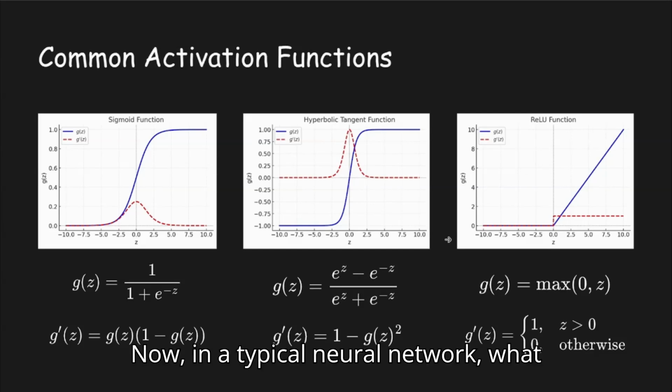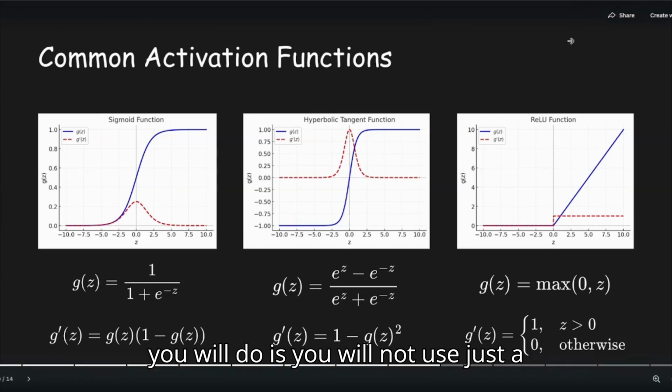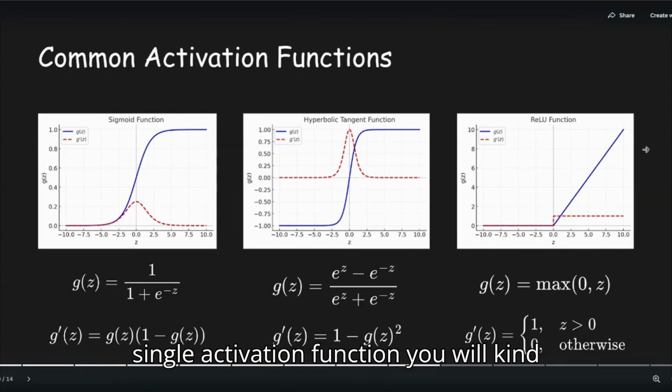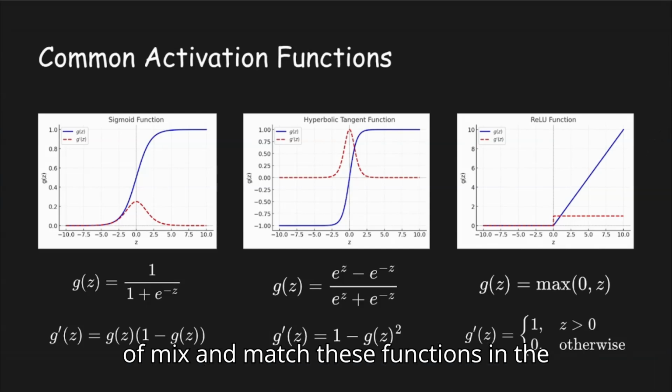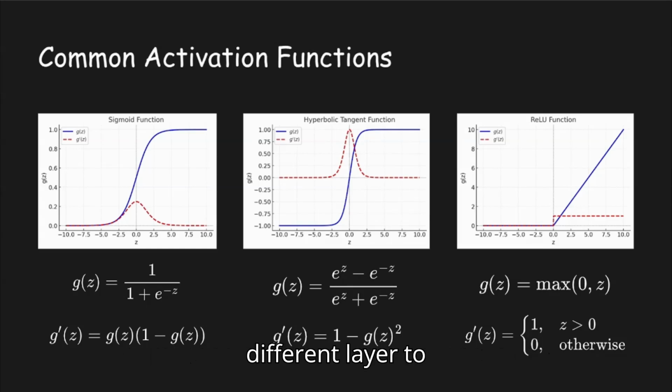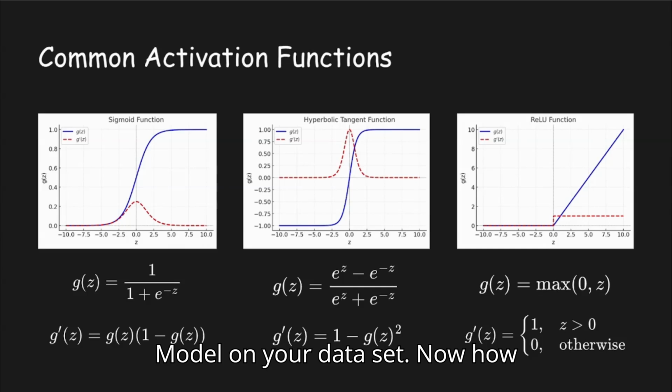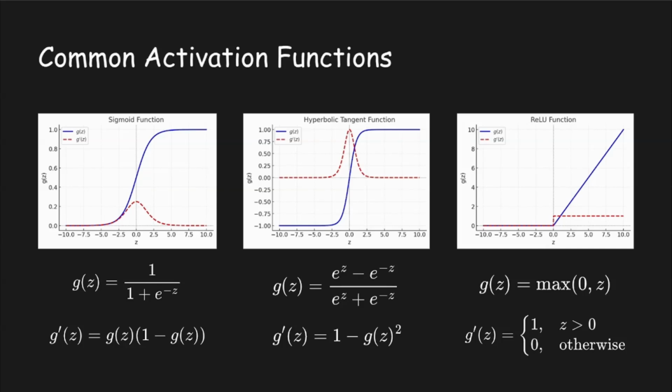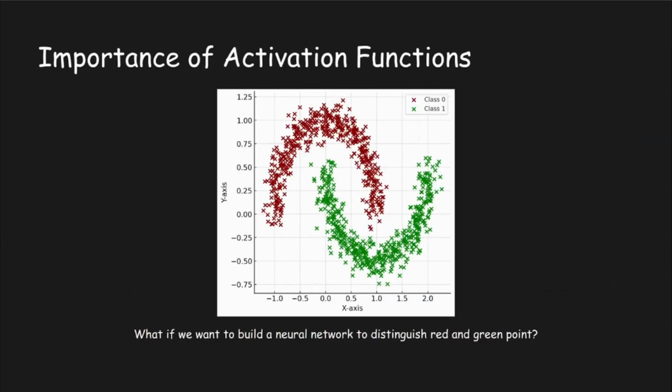Now in a typical neural network, you will not use just a single activation function. You will mix and match these functions in the different layers to model your data set. Now how do these functions help in modeling a data set? It is like this.